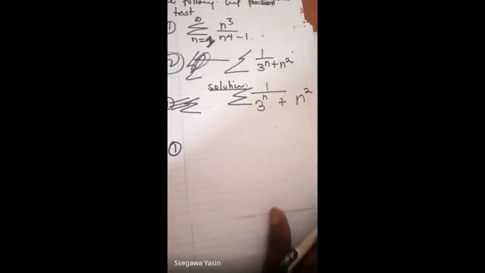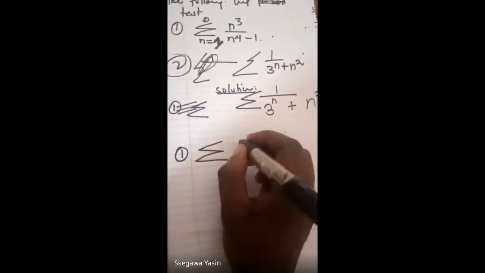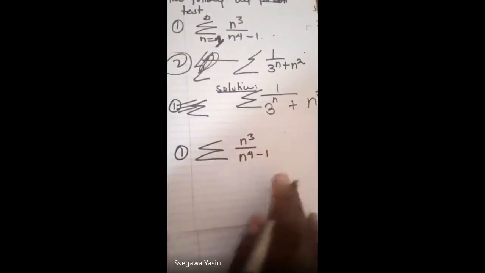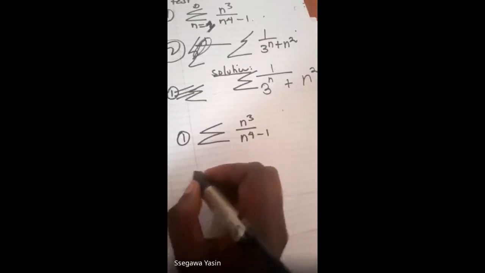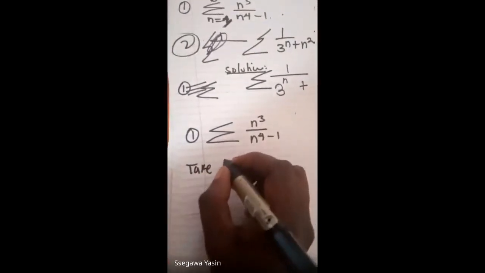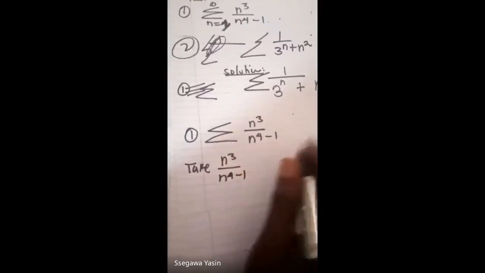So let's move on with number 1, sum of n cubed over n to the 4 minus 1. When we pick the sequence, we have n cubed over n to the 4 minus 1.